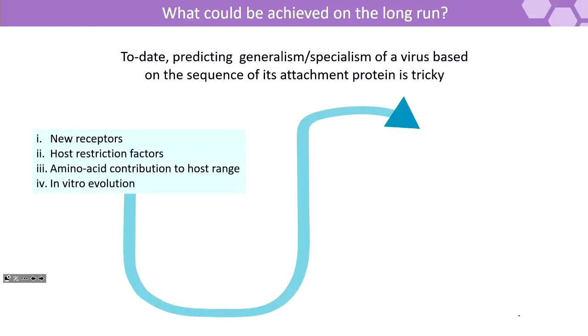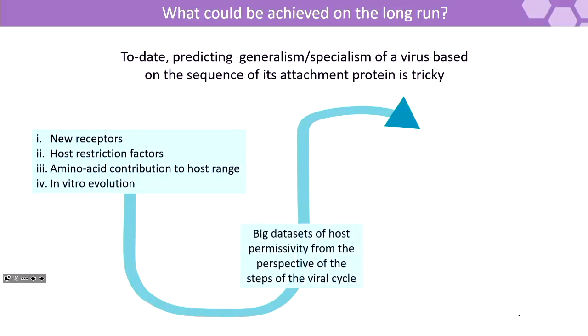This could come from the discovery of new receptors, from analyzing host restriction factors, from studying the specific contribution of individual amino acids to host range, and finally from studies of in vitro evolution. We can imagine putting all this data together in a big data set that could account for host range based on the different steps of the viral cycle.